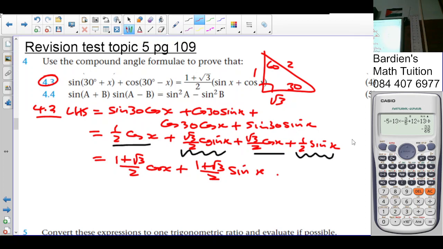So what do we notice now? 1 plus root 3 all over 2 is a common factor, which we will be taking out. I'm left with cos x plus sine x, which is also equal to the right hand side.